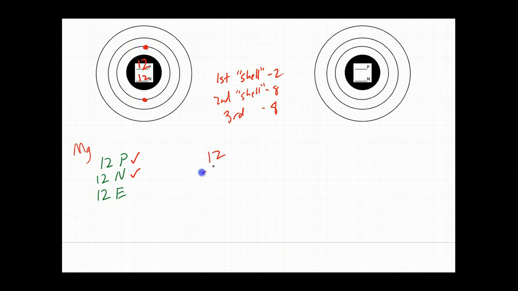We've taken 12, put 2 in there, and we've got 10 left. Let's fill those into the second shell. 1, 2, 3, 4, 5, 6, 7, 8. I've taken another 8 out, so I still have 2 electrons left. I'm going to fill those in. 1, 2. And now we have our 12 electrons. We are completed with our Bohr model.